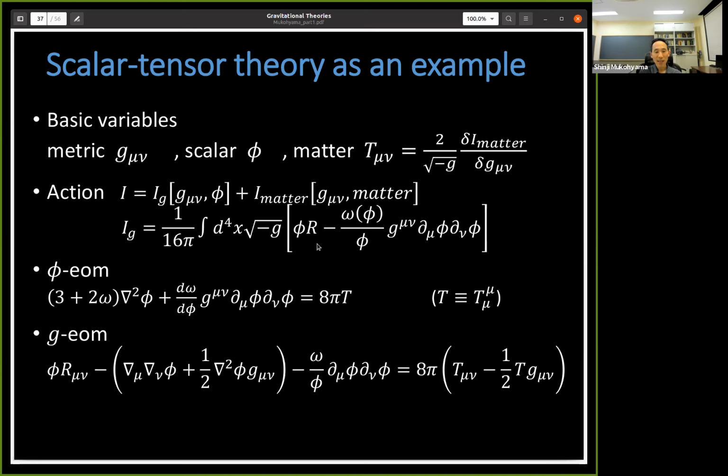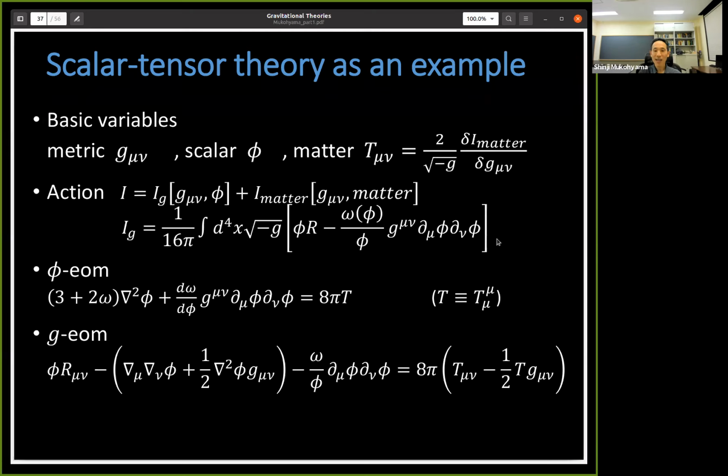Previously in general relativity, we had the Einstein-Hilbert action. The Ricci scalar was just multiplied by a constant, but now it is multiplied by the scalar field. That's why it is called scalar tensor theory.